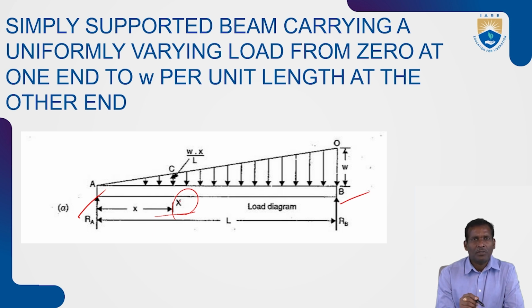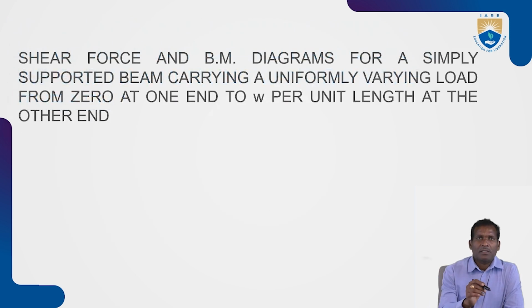The uniformly varying load is WX by L, and at the other end W per unit length is acting. From 0 to W it is acting, so in between we take a section and calculate the shear force at A, at section X, and at B. So the load diagram is drawn, and then the shear force and bending moment diagrams for a simply supported beam carrying a uniformly varying load.